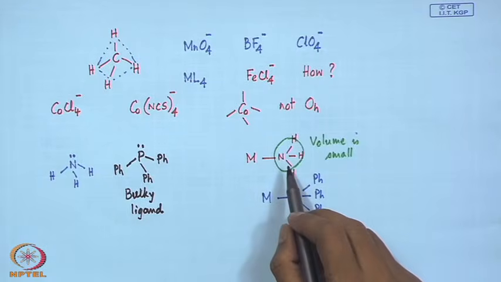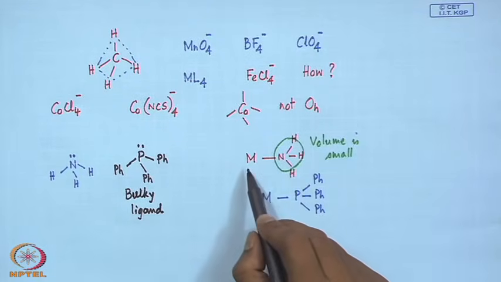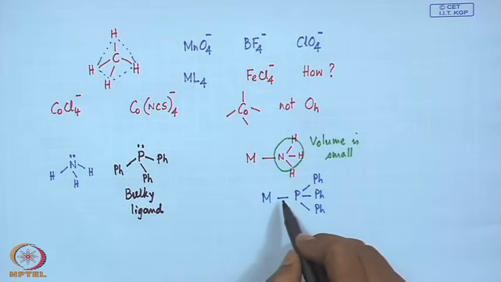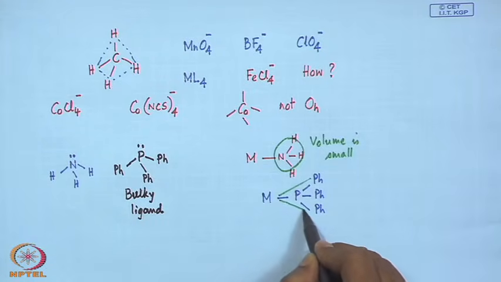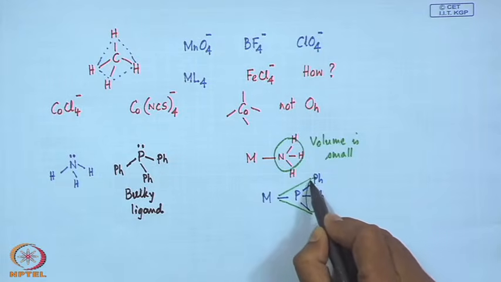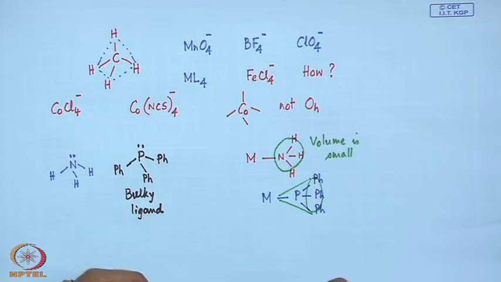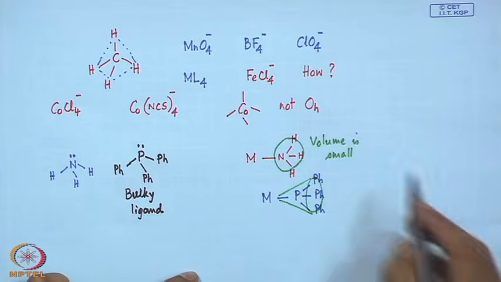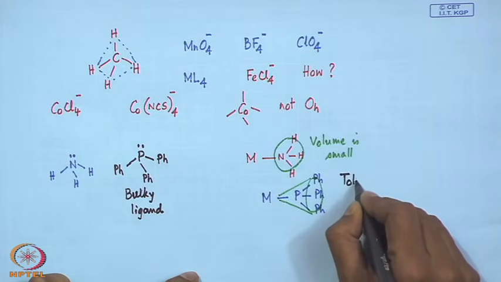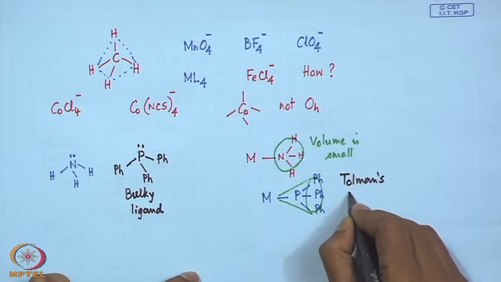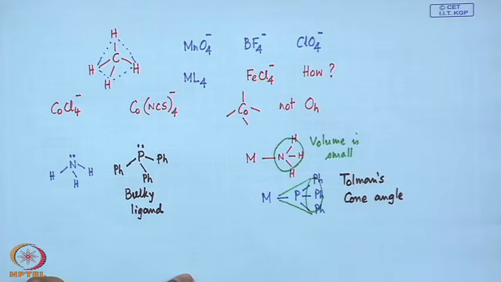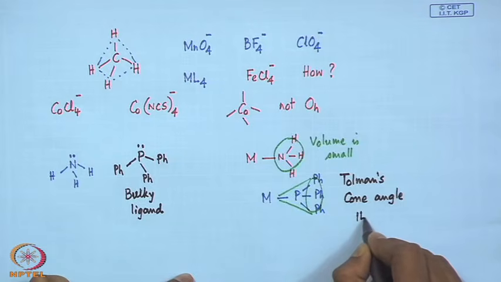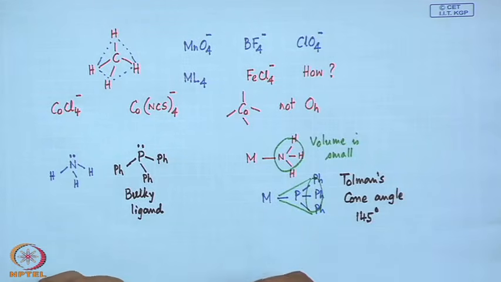This particular ligand volume will not control the corresponding geometry around the metal center, but when we have this phosphine binding, we have a funnel type of structure, and this funnel type of structure can give rise to some cone angle, which is known as Tolman's cone angle, and in case of triphenylphosphine it will be around 145 degrees.